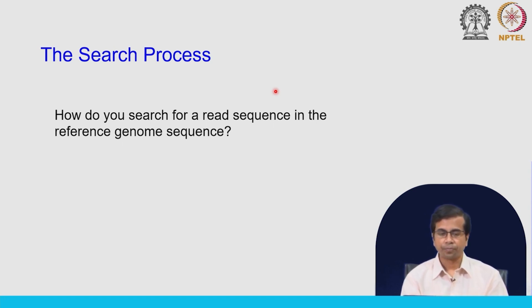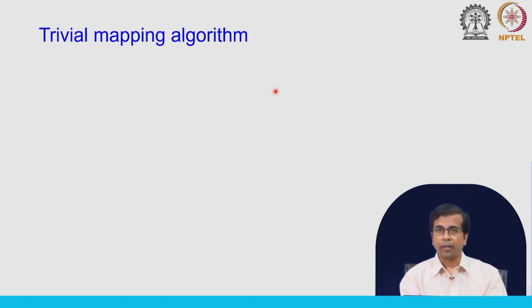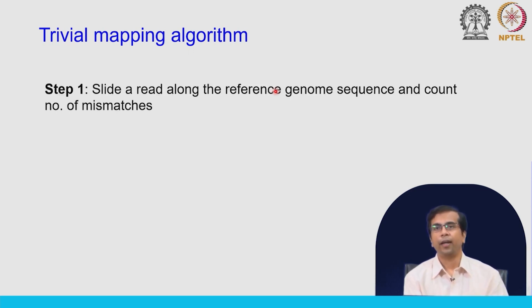Okay. So, you can start with something called a brute force approach or a trivial mapping algorithm, right. What this means is that we have the read sequence, we have the reference sequence, and we can slide that read sequence along the reference genome sequence and see if there are certain matches around, right.